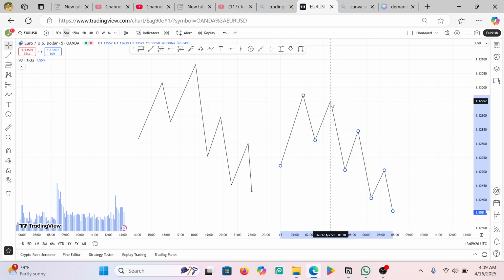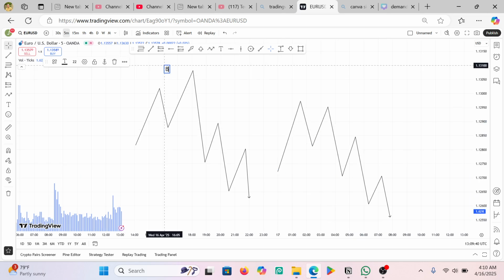Let me write it down so that a person can see. This is a breaker block, breaker block, and this is a mitigation block.